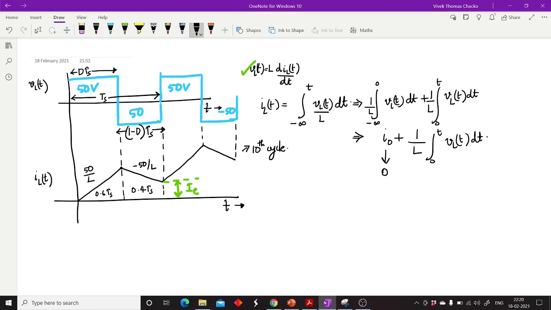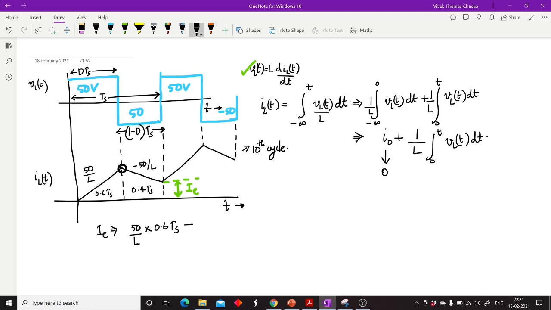So the effective increase in inductor current IE can be written as the slope of the inductor current during dTs into 0.6 Ts. So this corresponds to this value, that is the peak value, minus we have to reduce the inductor current during the 1 minus dTs interval.